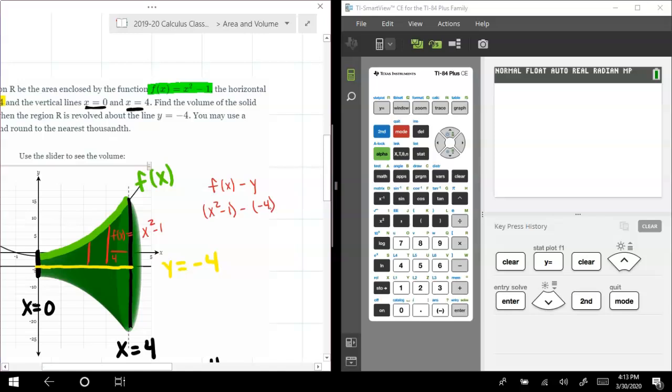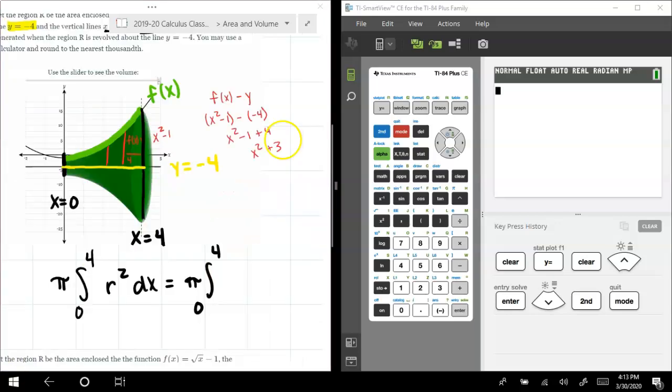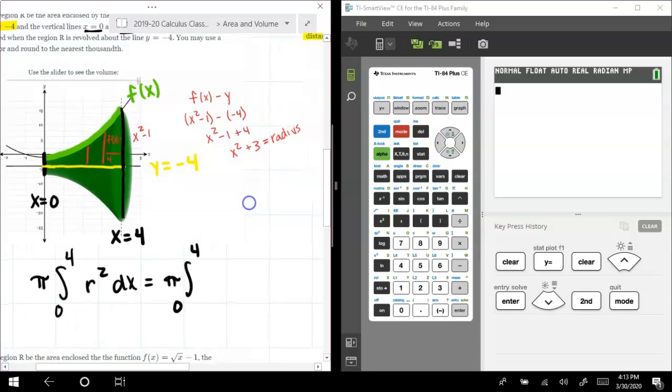So we do the outer function minus the inner function, the top minus the bottom, to get the height. And the height is what equals the radius.